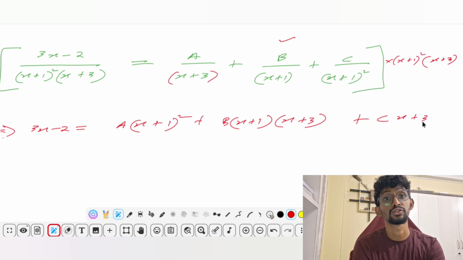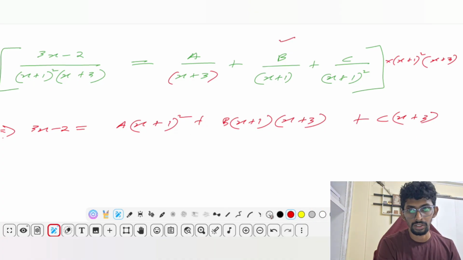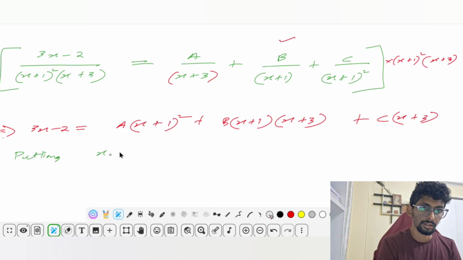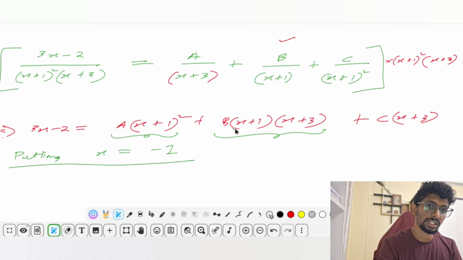So our next target is to find the values of a, b and c. Now if we put x as minus 1, this term and this term will become 0, because 1 minus 1 is 0 and 0 times a is 0. Same with the second term.